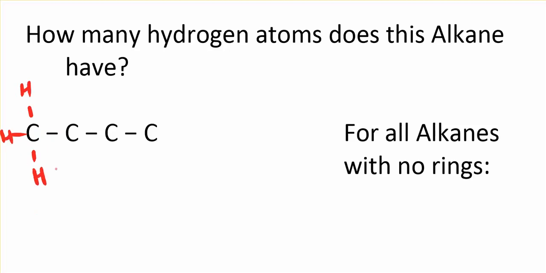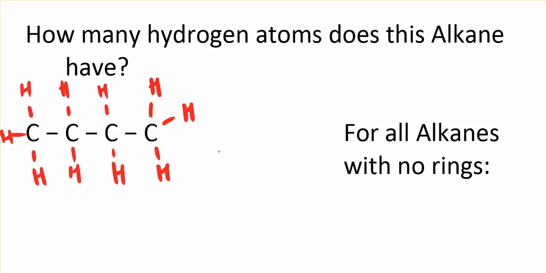Like I said, hydrogen is the element that we leave off the most. If we have an oxygen or a nitrogen, we always show those, but hydrogen is left off. So next carbon has 2 bonds that are shown, so it must have 2 hydrogens. The next carbon has 2 bonds that are shown, so it must have 2 hydrogens. And then this one on the end, it has 1 bond that is shown, so it must have 3 hydrogens.